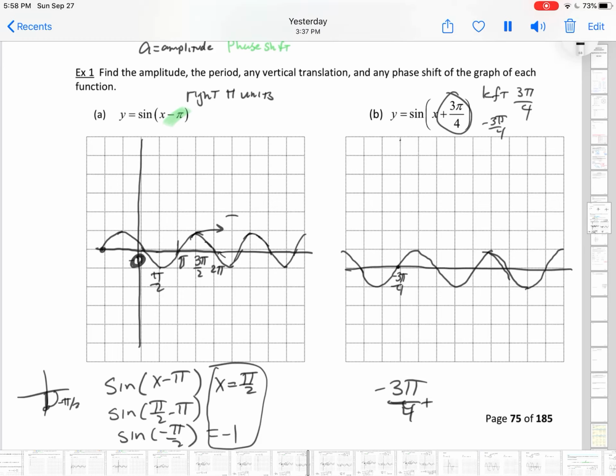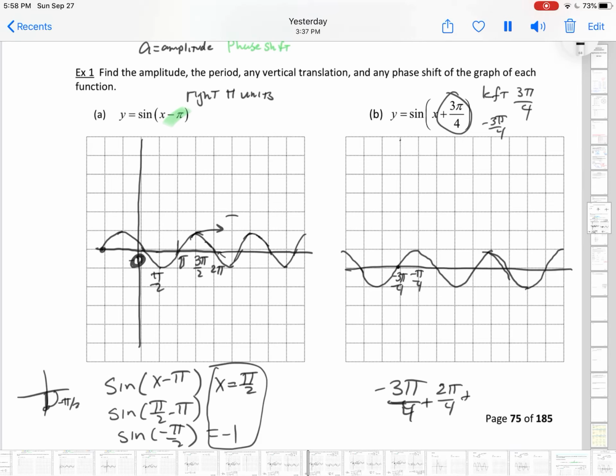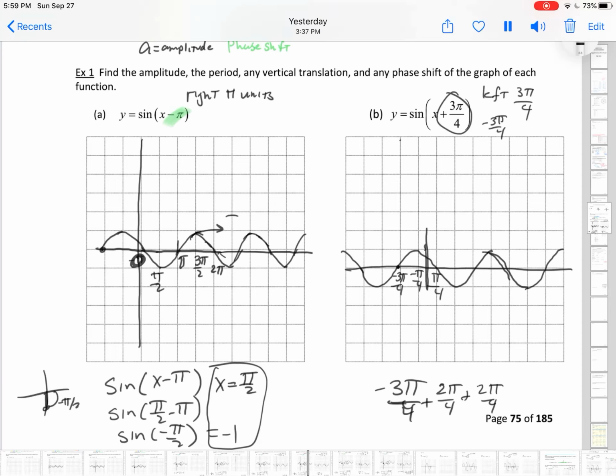If we walk forward pi over 2, which is 2 pi over 4, well, that's negative pi over 4. Okay. And then if I add another pi over 2, which is another 2 pi over 4, so that's pi over 4. So 0 is somewhere, not just somewhere, 0 is actually right in the middle of these two.